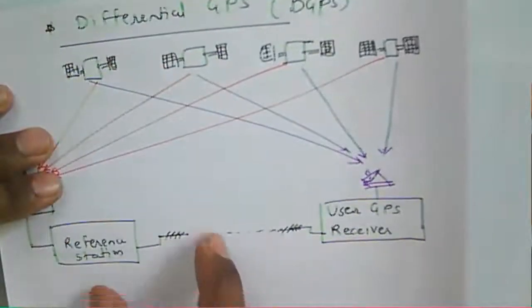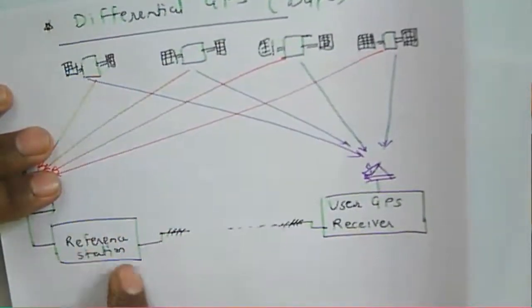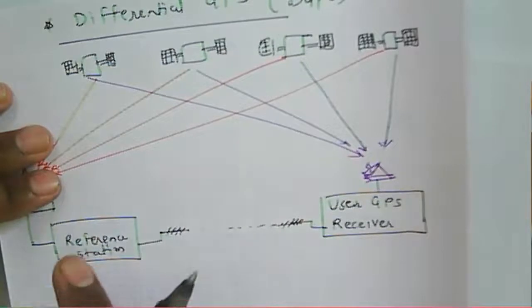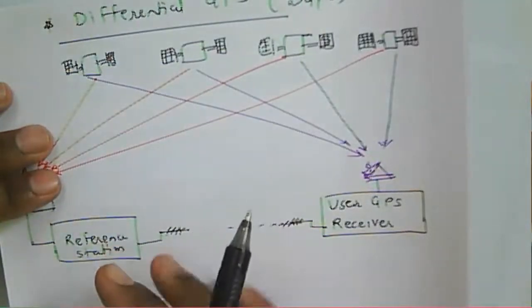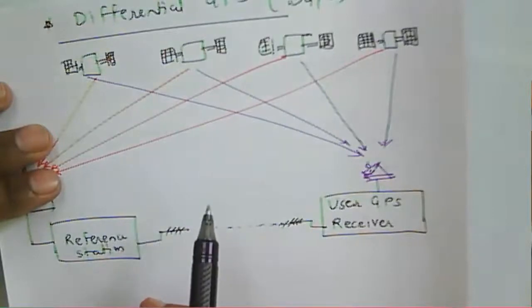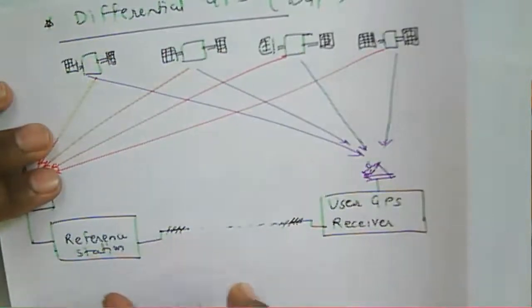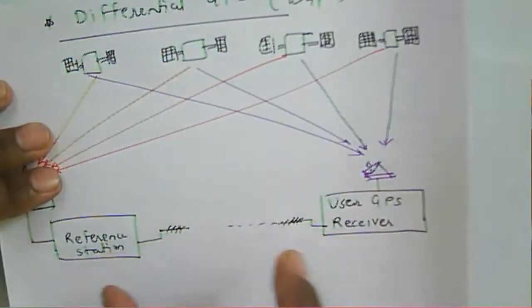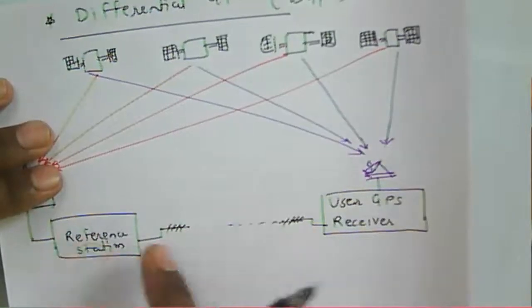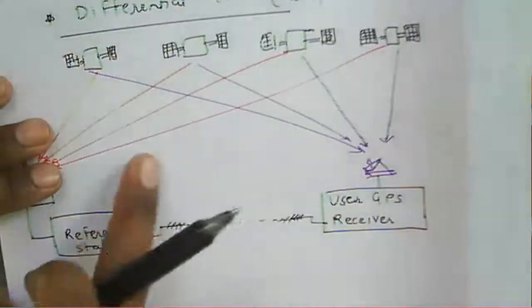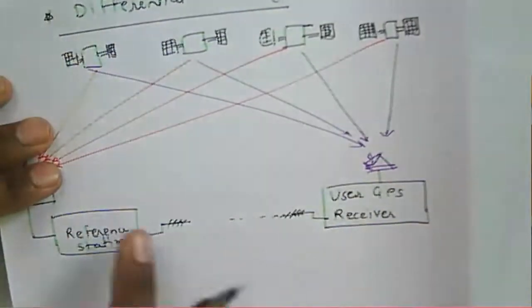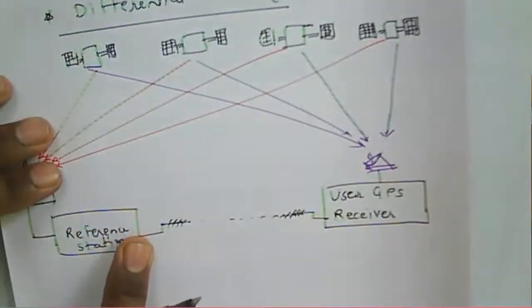The reference station has additional information regarding the error in the range of the satellite, and that information is shared with this GPS receiver, which is present within a few hundred kilometers radius of this reference station.